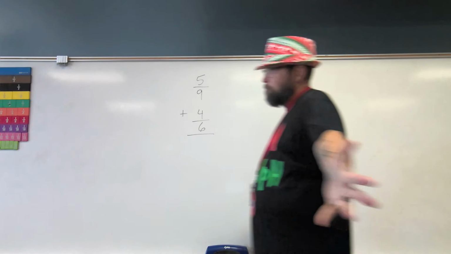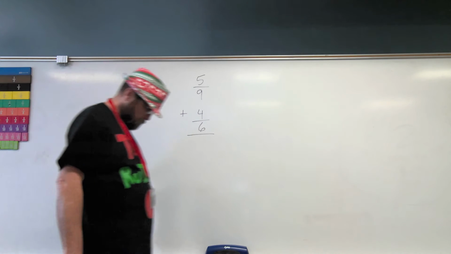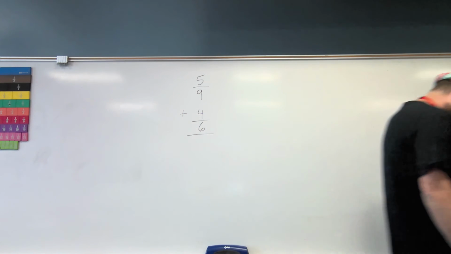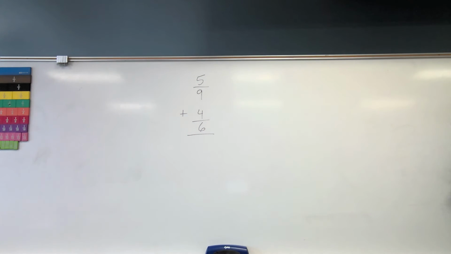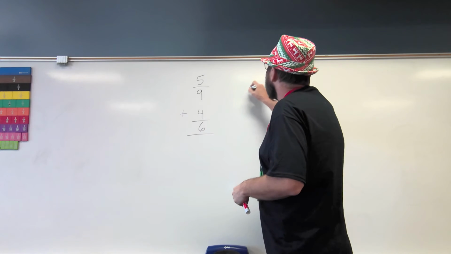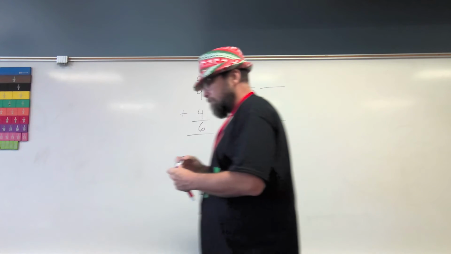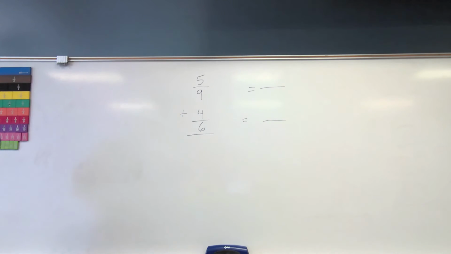So Ava, can I add these fractions like they're currently written? No. Why not, Ava? They do not have the same denominator. So I need to change these without changing the value so that they have the same denominator.